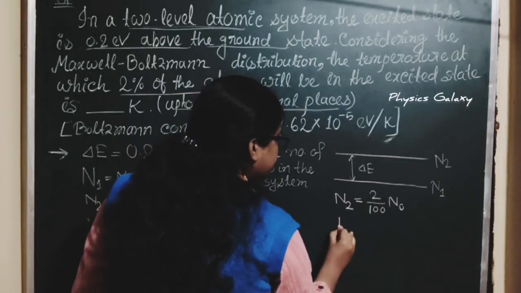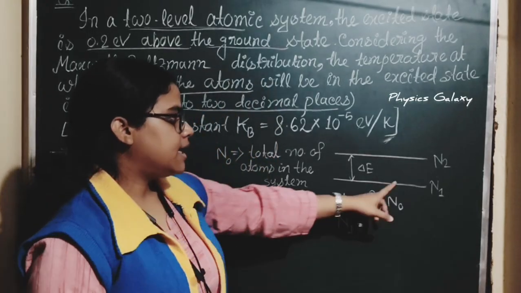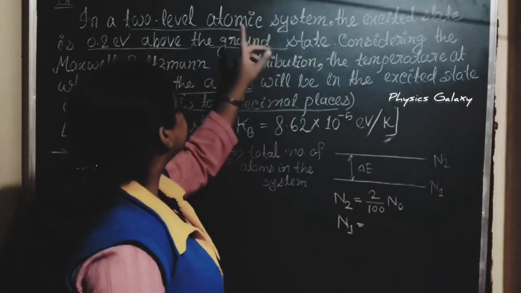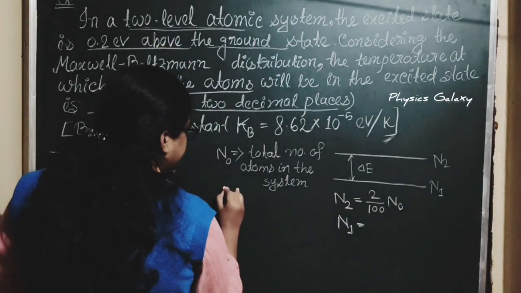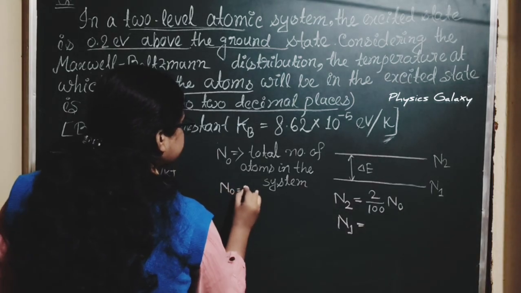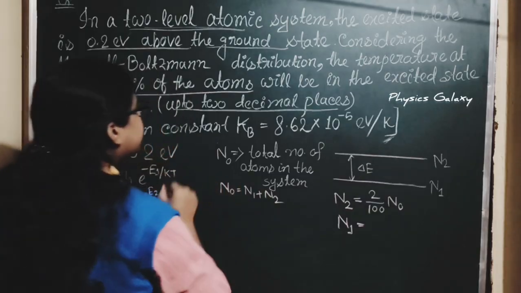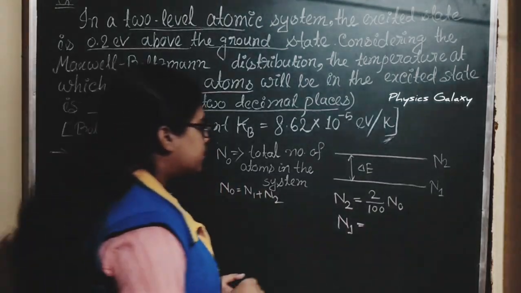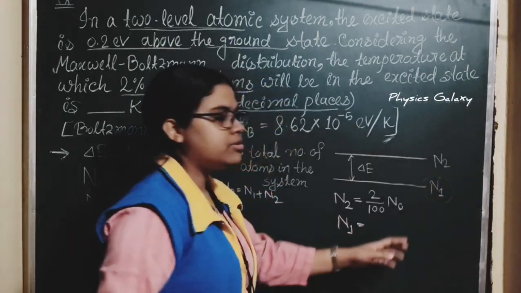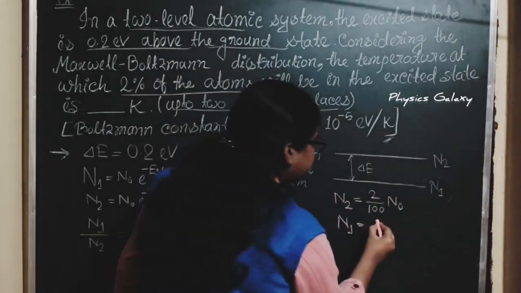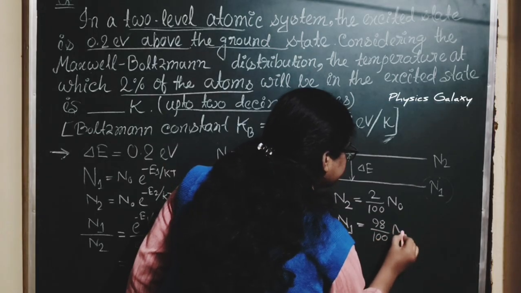So the rest of the atoms will be at ground state as the two-level atomic system is given. Okay, means N0 is N1 plus N2. So N1, the rest percentage of the particles, should be at ground state. So N1 will be 98 by 100 N0.